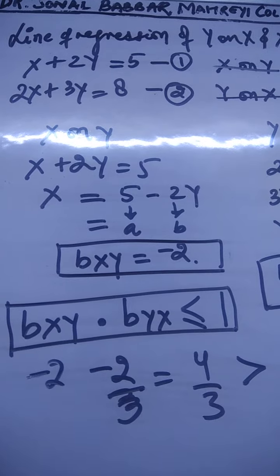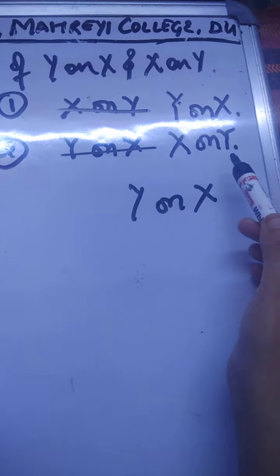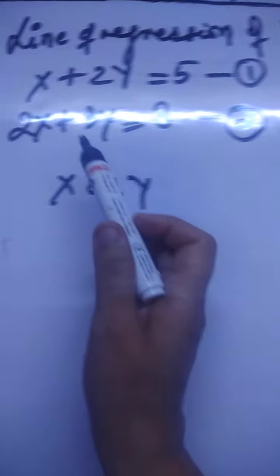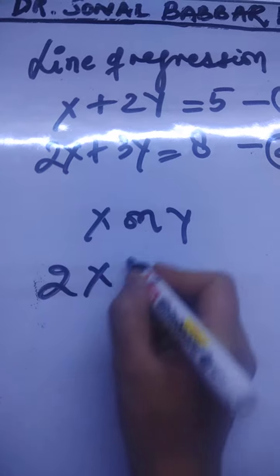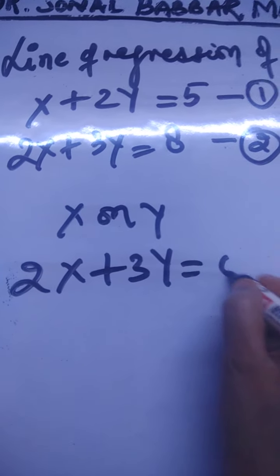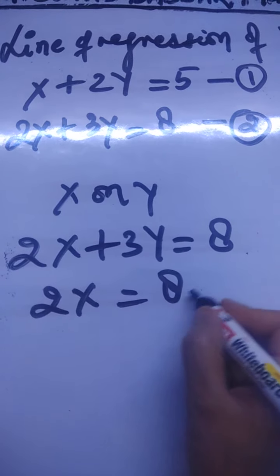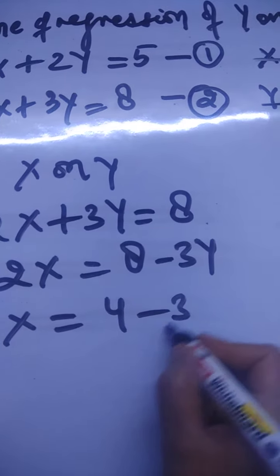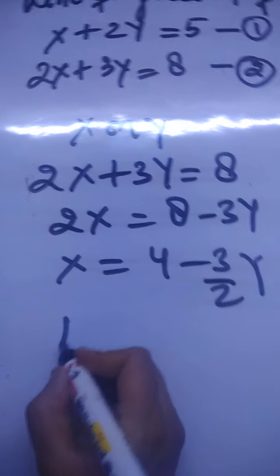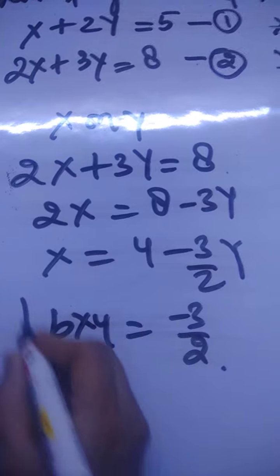Let's see it once. Now this time we have found that x on y is 2x plus 3y equals 8. So 2x on this side, 8 minus 3y, further 4 minus 3 by 2 y. So bxy in this case is minus 3 by 2.